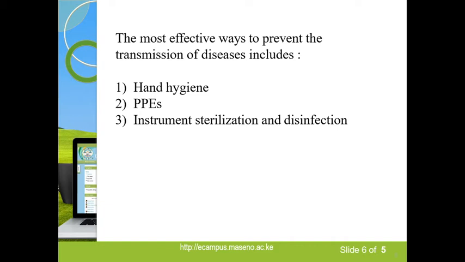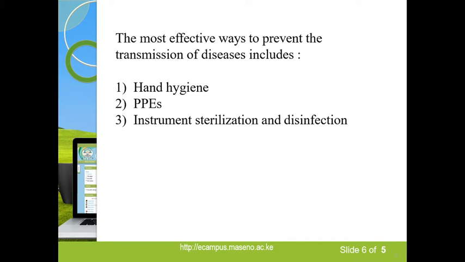Observing hand hygiene does not only mean that you perform it, but you also perform it in the right way. You remember the moments of hand hygiene: before performing any procedure, when you have touched the patient's vicinity, when you've come in contact with blood or body fluids, and before and after performing a procedure.